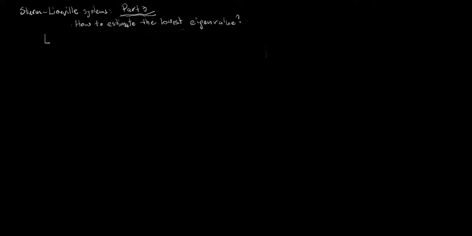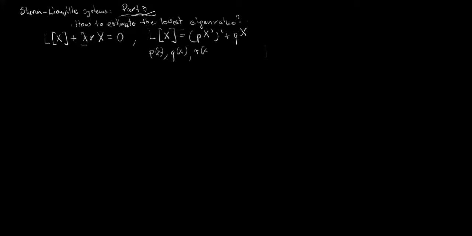So we have a second order ODE for an eigenfunction x, which corresponds to eigenvalue lambda, where the linear operator L acting on the function x is just (p x prime) prime plus q x, where functions p of x, q of x, and r of x are defined on the interval a and b.